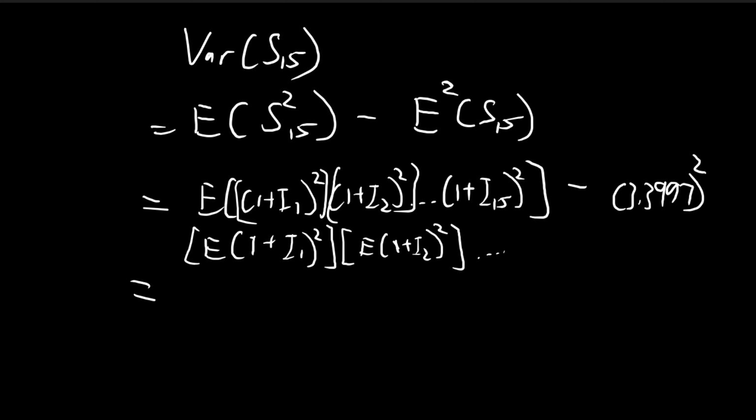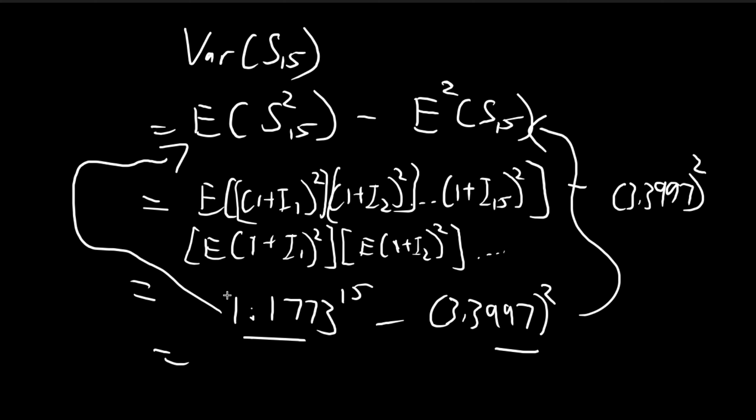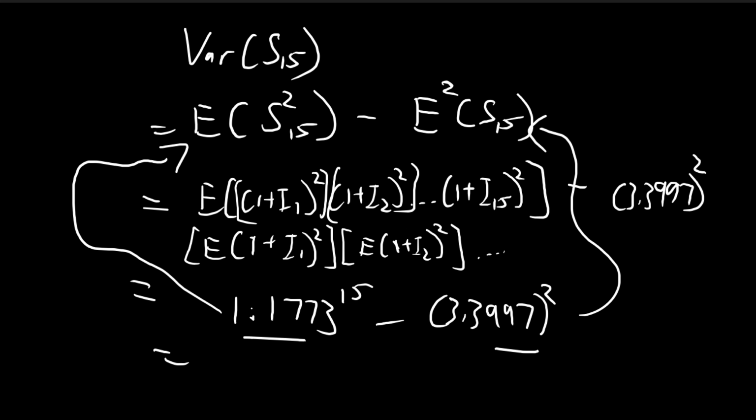Each one of these terms is 1.1773. So we raise it to the power of 15, and then we subtract this term over here. So this term corresponds to this. You see why we derived these preliminary results earlier. And then substitute everything into your calculator, you'll find that this is equal to 0.01105. So this is the answer.